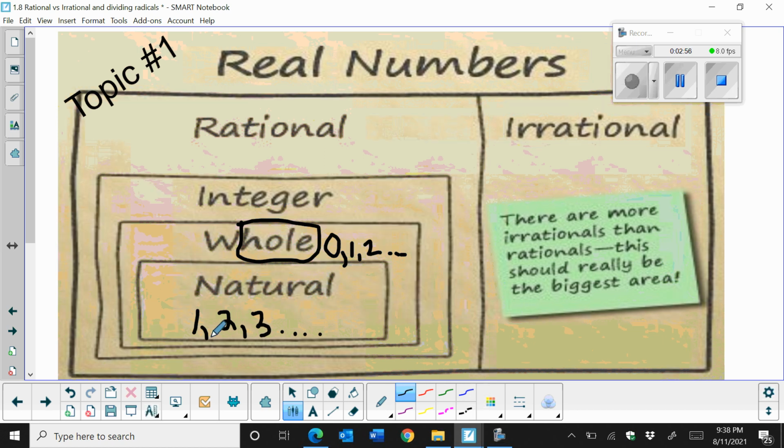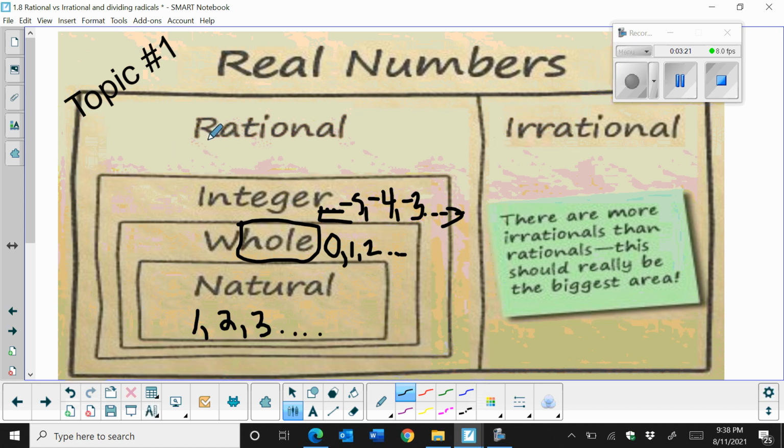Integers, those include natural numbers, whole numbers, and then negative and positive counting numbers. So for example, you'll start maybe at -5, -4, -3, -2, -1, all the way up to positive numbers. So both negative and positive numbers that are whole numbers.